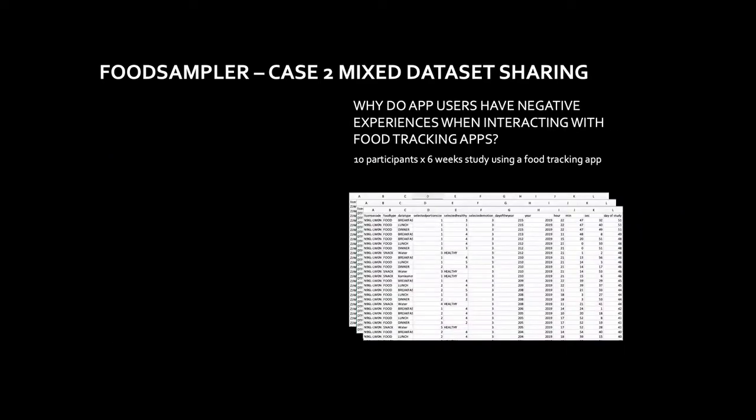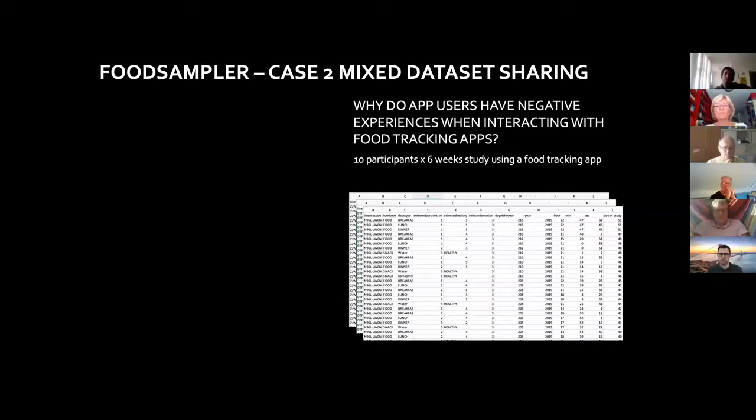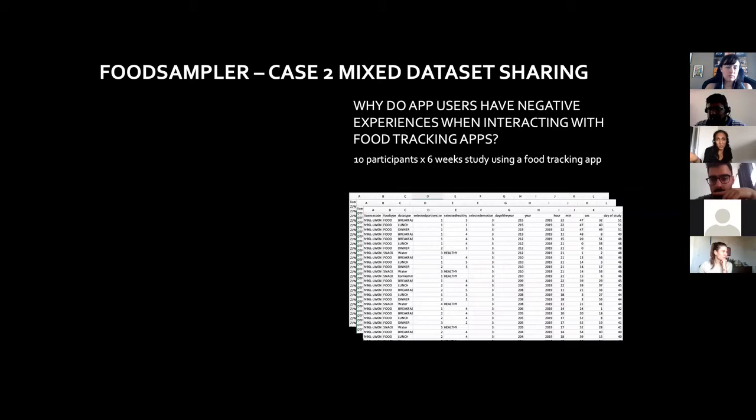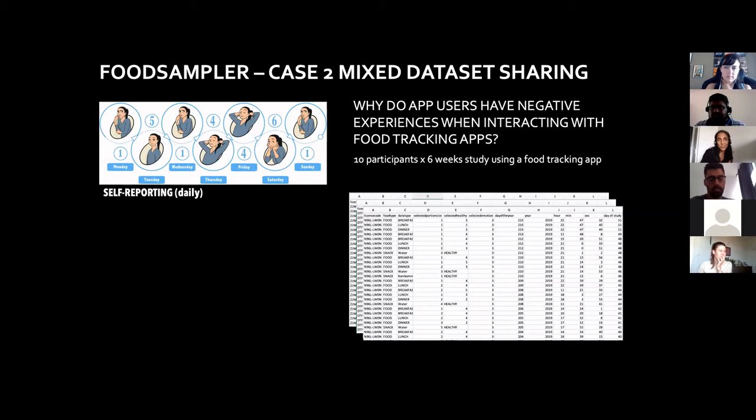The second one was in the same project. We understood what kind of experiences people have with these self-reporting applications, including negative ones, and we wanted to ask again why they are having these negative experiences. We used a specific, commercially available food reporting app, and we asked 10 participants to use it for 6 weeks. In this case, we collected 3 different types of data.